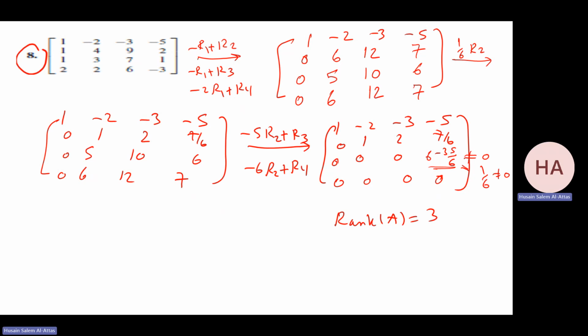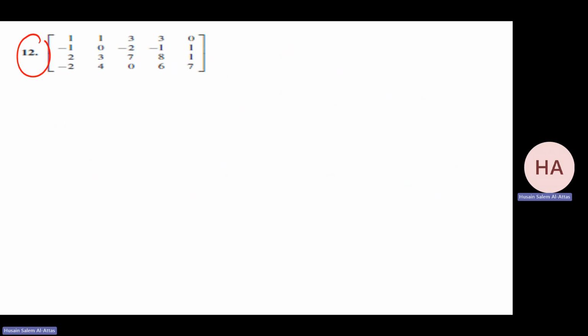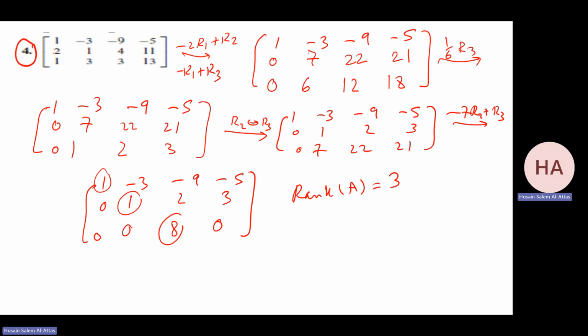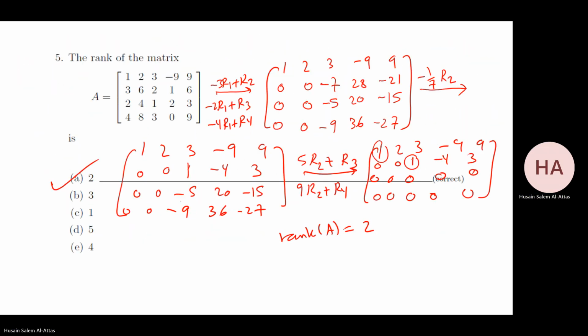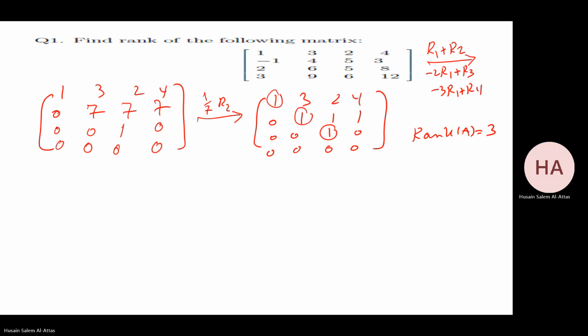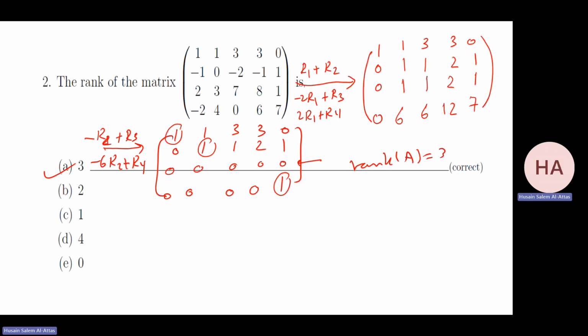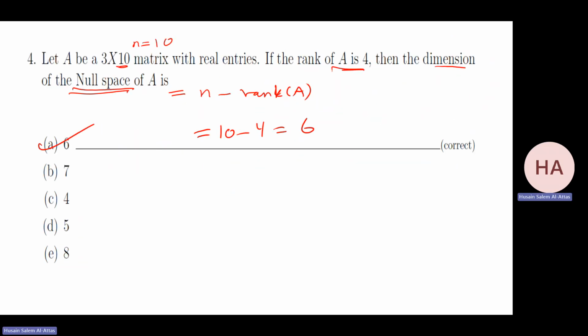The last one, I think the last one for this section. Multiply the first one by 1 and add to the second, -2R1 plus R3, 2R1 plus R4. Did I do it before? 1, -1. 2, -2. Yeah, I think it's this one.